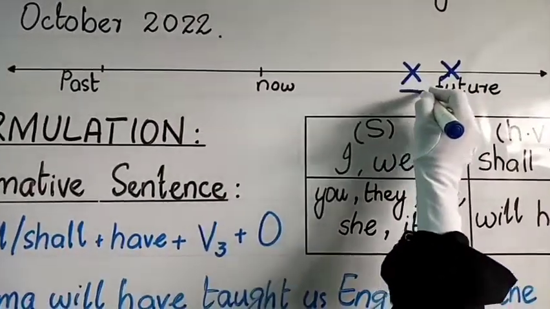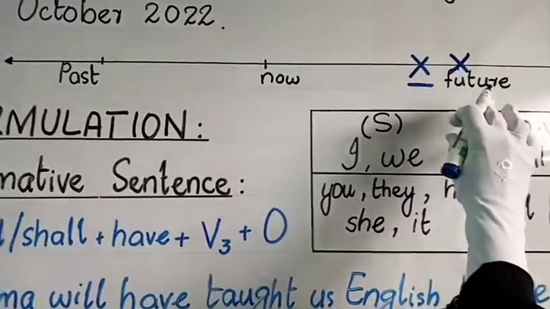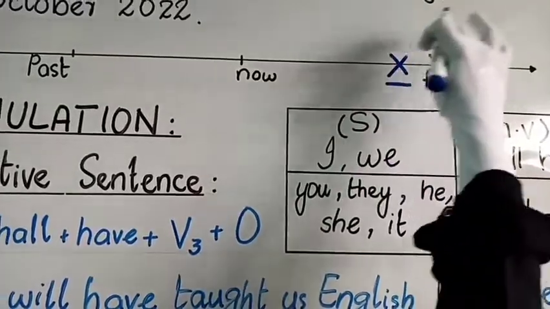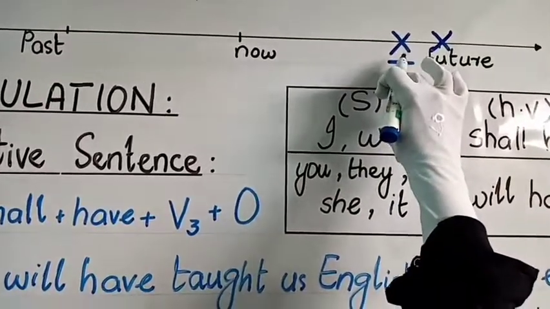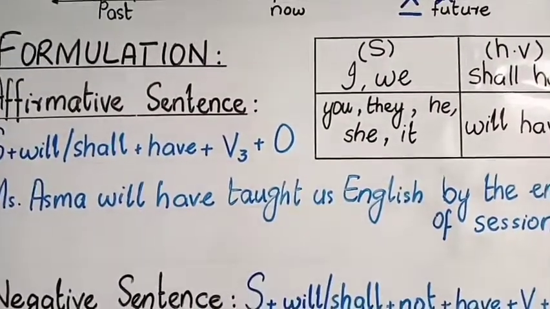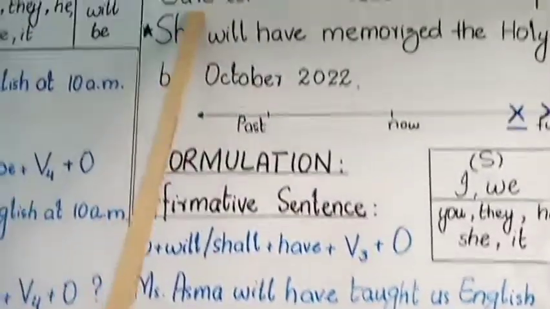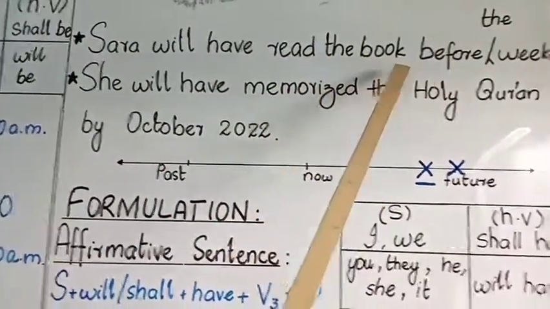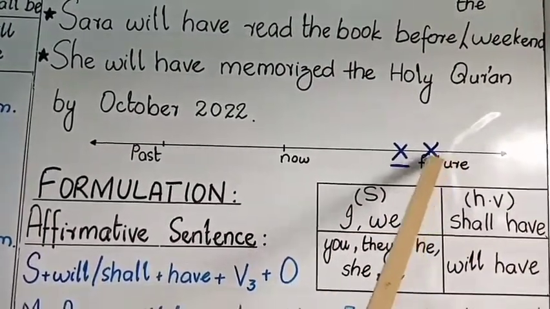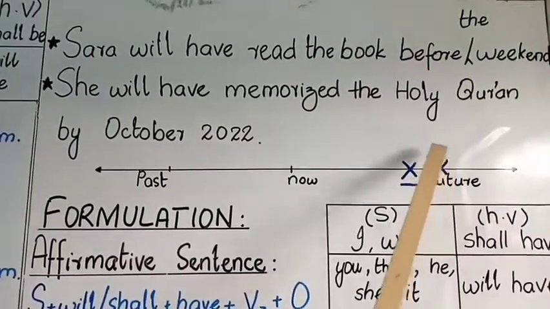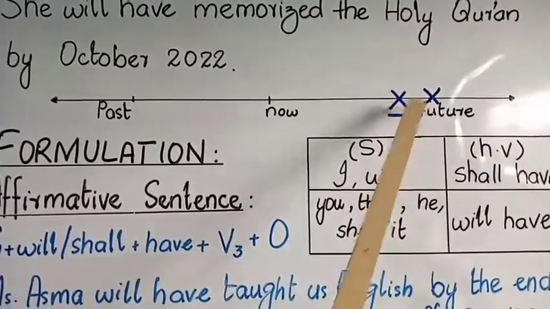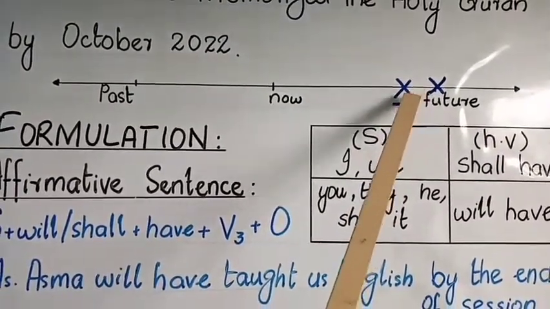They will have taken lunch this time, and both the actions are in future, but this action will have been completed before another action, so this action will be future perfect tense. The other example is, Sarah will have read the book before the weekend. Come to the timeline. If this time is weekend, Sarah will have read the book before the weekend. This action will be future perfect tense.